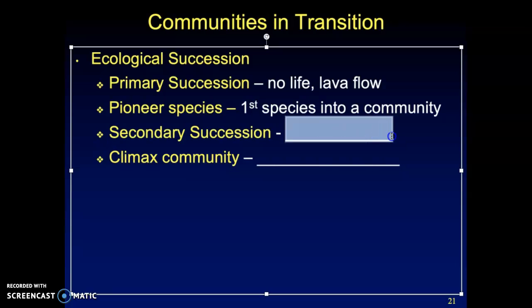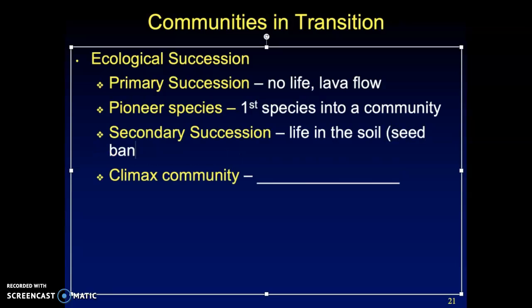When we experience secondary succession, life exists. Usually it's in the soil, like a seed bank. Okay, a flood came through, wiped out most of a community, drowned out most stuff.